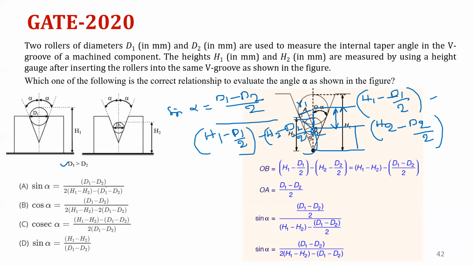Upon simplification, you will get D1 minus D2 divided by 2 into H1 minus H2, minus D1 minus D2. So that means the correct option is A.